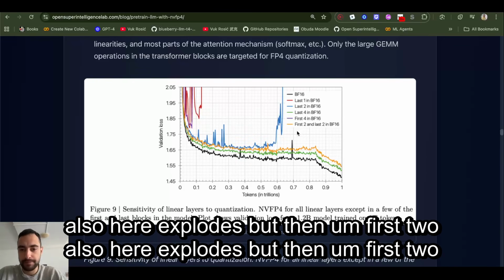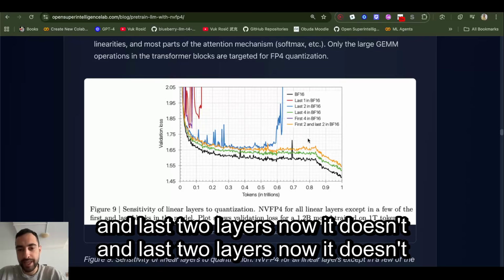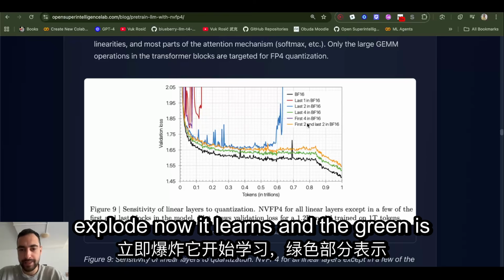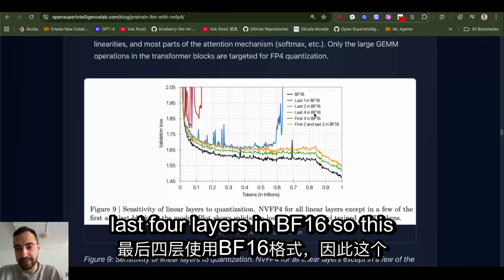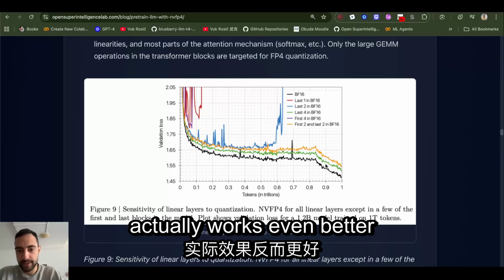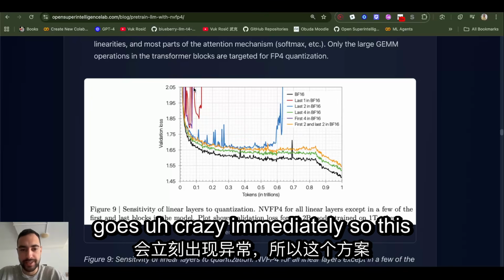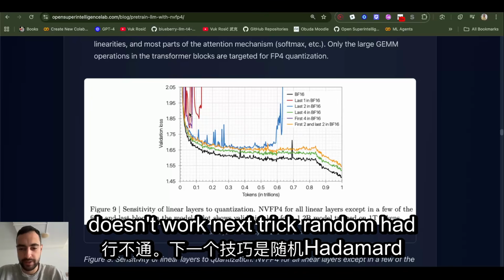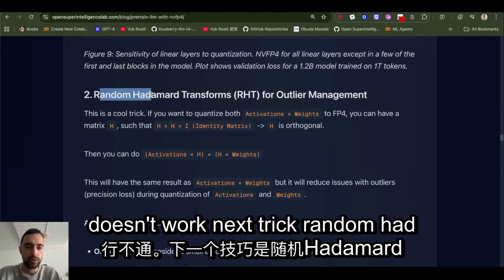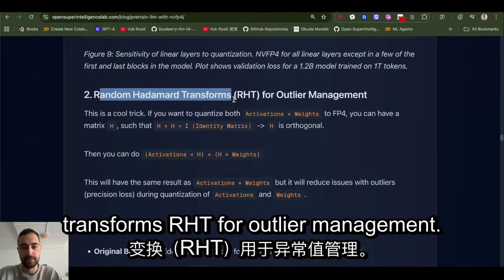But with the first two and last two layers, now it doesn't explode, now it learns. And the green is the last four layers in BF16, so this actually works even better. And with the first four layers in BF16, this goes crazy immediately. So this doesn't work.